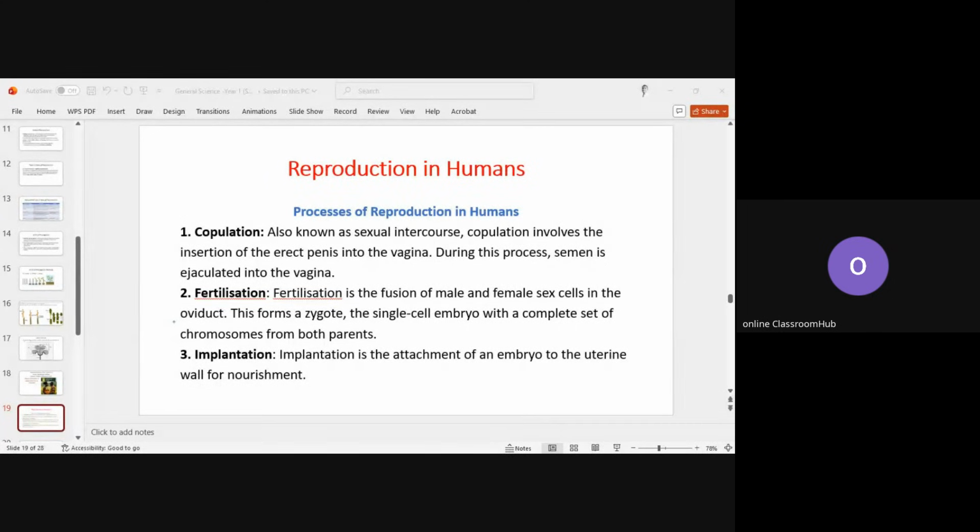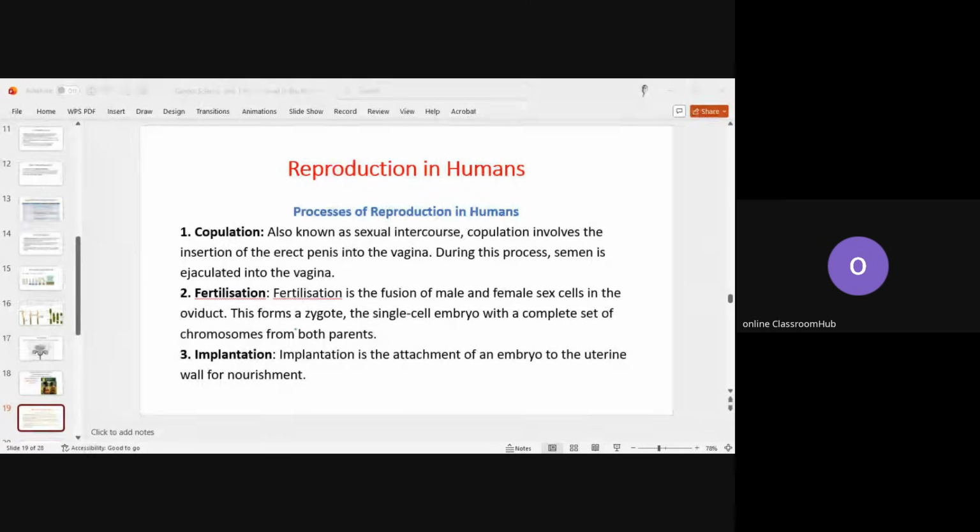Yeah, so fertilization does not occur in the womb. It occurs in the fallopian tube. And after fertilization, we have the zygote, that is a single cell embryo with a complete set of chromosomes from both parents. That is when the male sex cell contains 23 chromosomes, and the female sex cell also contains 23 chromosomes.